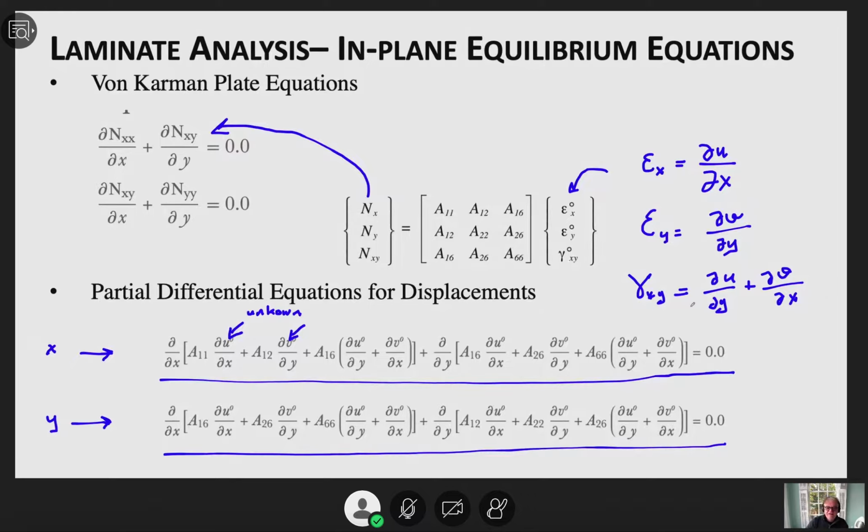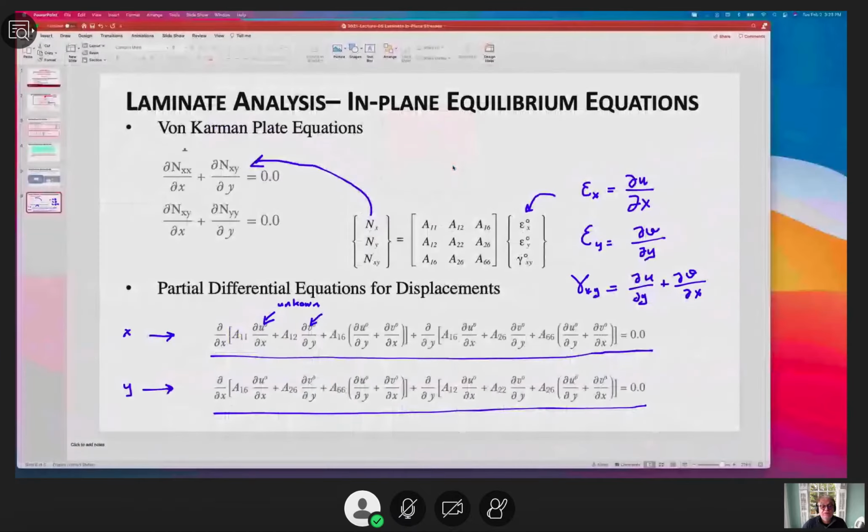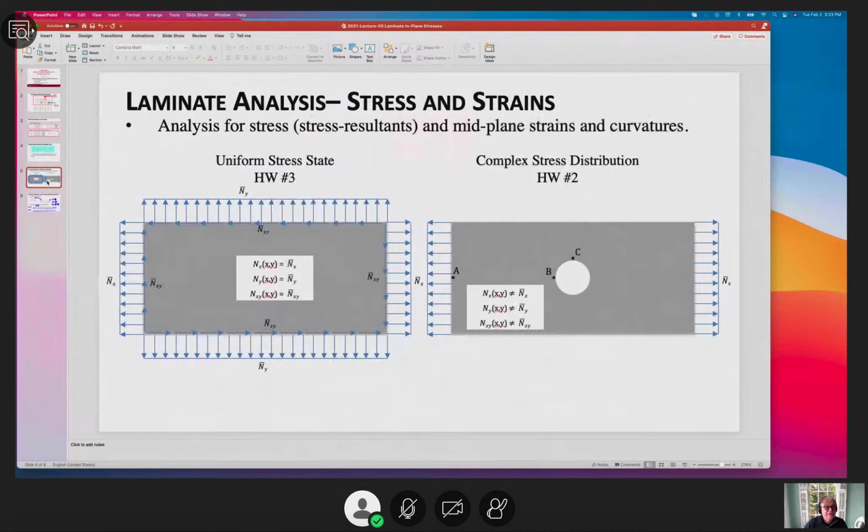Let me make a sample problem. Let's say I'm going to keep these for the time being and make a sample problem here. Let me duplicate this slide.